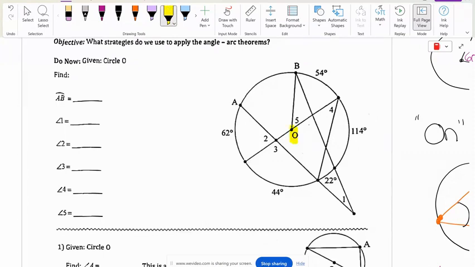And why is it helpful to identify a diameter? What does a diameter do to a circle? It splits it in half. So a diameter splits it 180 degrees on top, 180 degrees on the bottom.